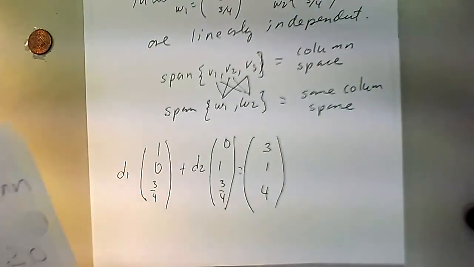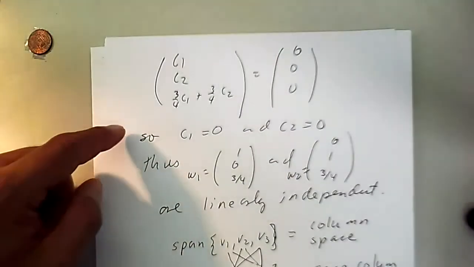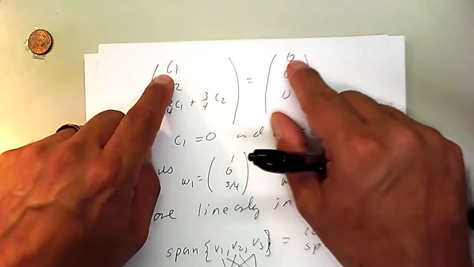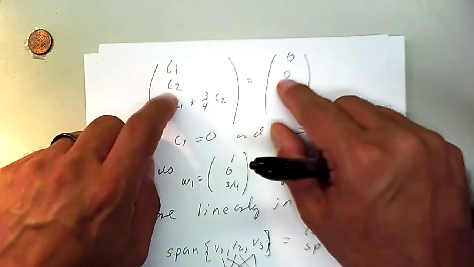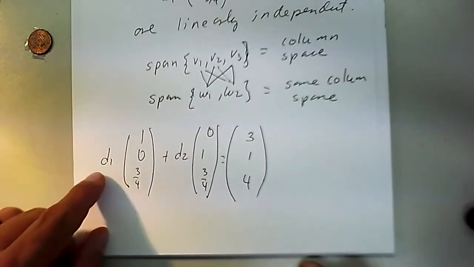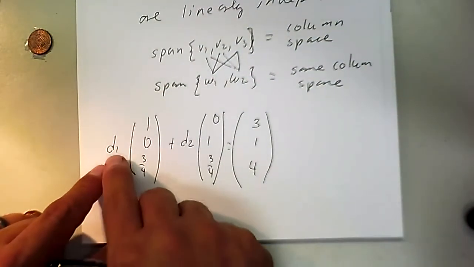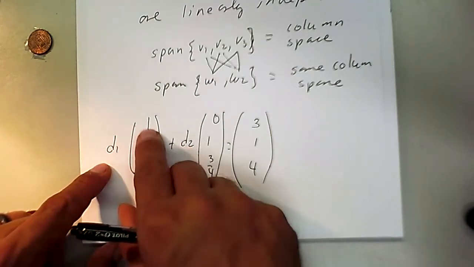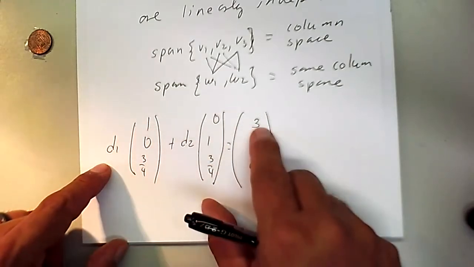You know what? Based on the previous example that we finished up here, where we found out that this one equaling this causes the C1 to be 0, and this one equaling that causes the C2 to be 0, can be used here. If we stare at this enough, we're going to end up with D1 times 1 plus D2 times 0, so D1 equals 3.